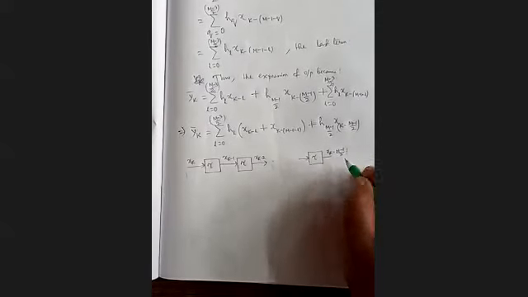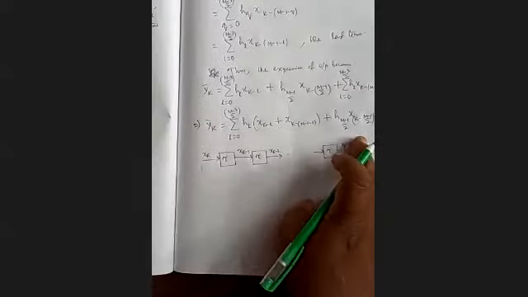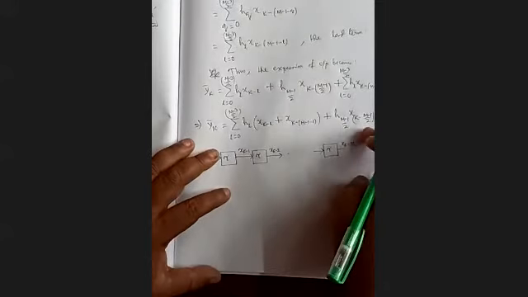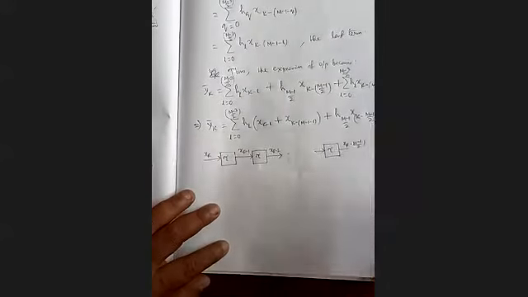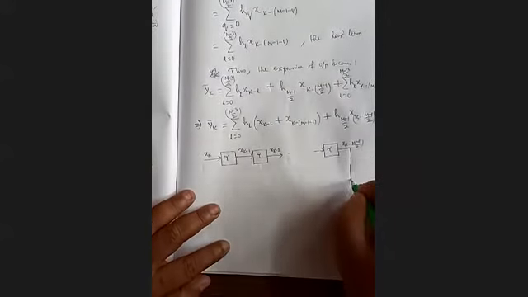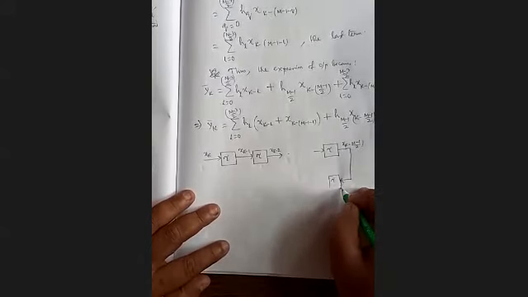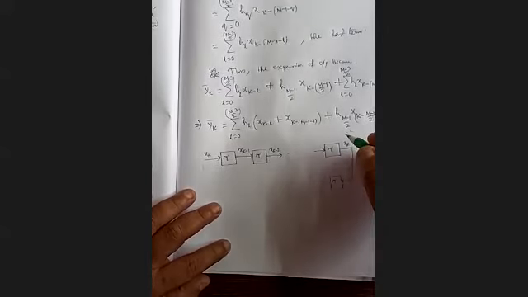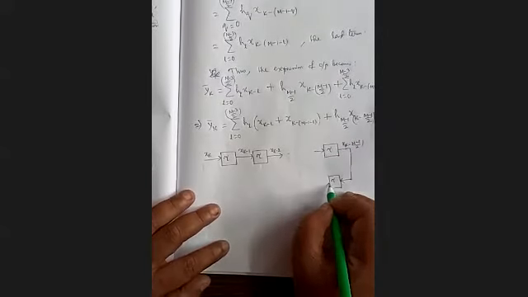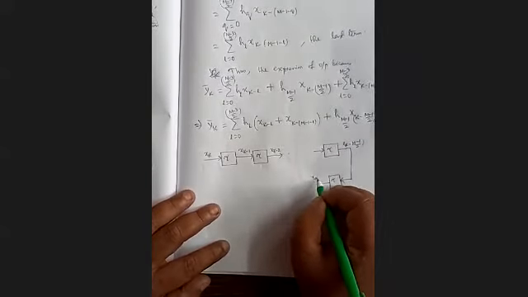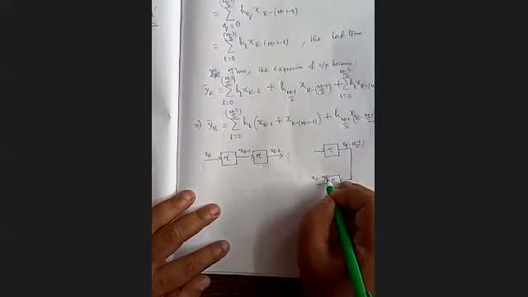Clear? After that, the next term will be this plus 1. So it will be x k minus of m plus 1 by 2.